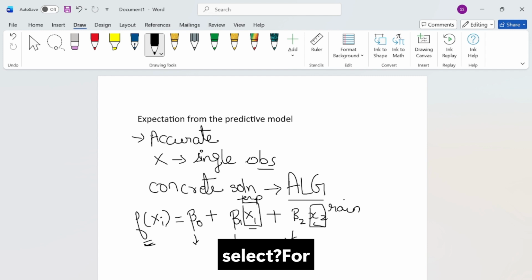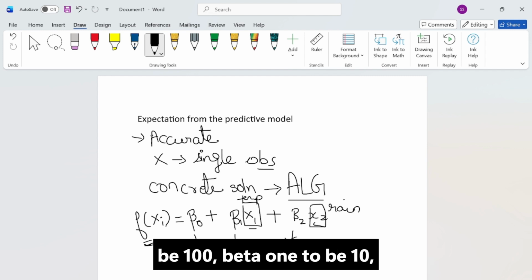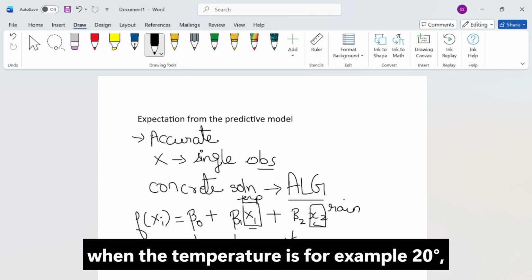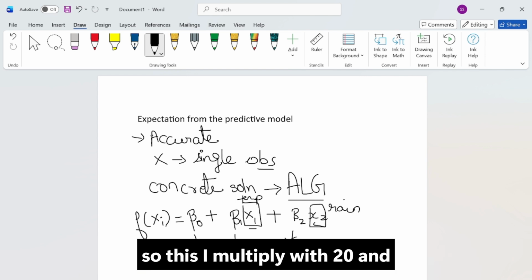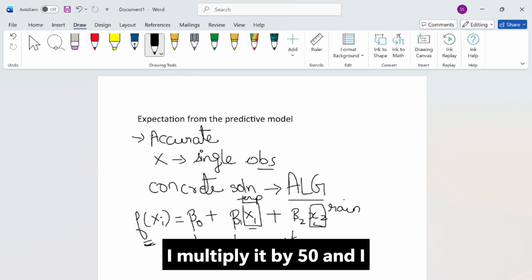For example, let me consider beta 0 to be 100, beta 1 to be 10, and beta 2 to be minus 5. Now when the temperature is, for example, 20 degrees, I multiply this with 20, and rainfall, assuming it is 50 mm, I multiply by 50, and I get some answer.